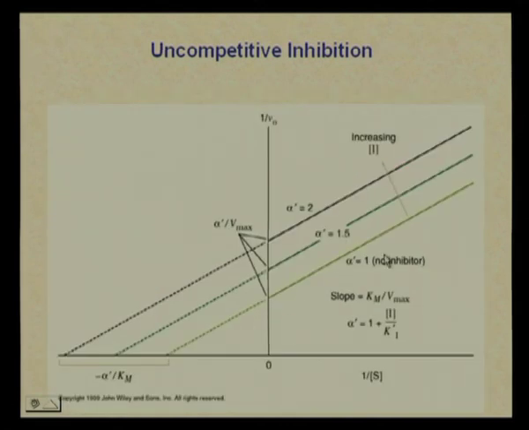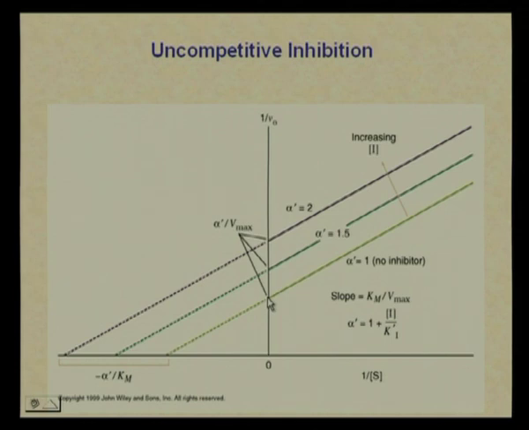So, when you increase the inhibitor concentration, the first line corresponds to no inhibitor, and each of the additional lines corresponds to increasing concentrations of I. Why do we have increasing concentrations of I here? Because this V0 is going to be more for an inhibitor compared to one without inhibition.